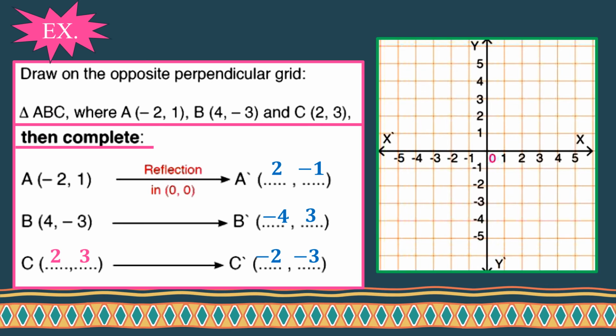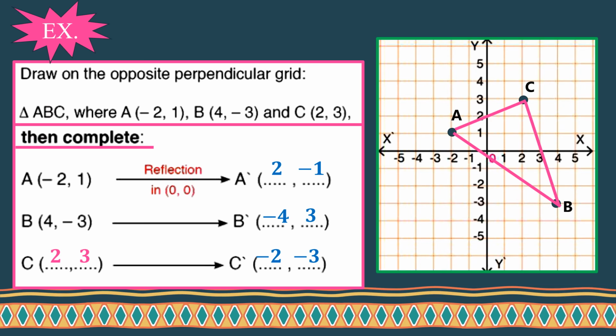Now we will draw the points A, B, and C. A (-2, 1), B (4, -3), C (2, 3), and connect all the points.